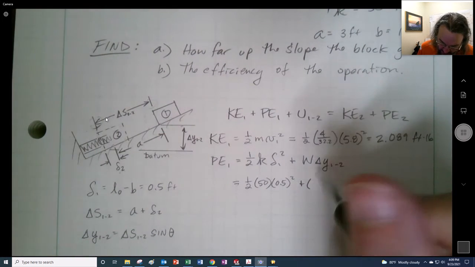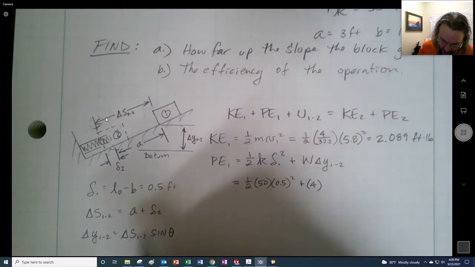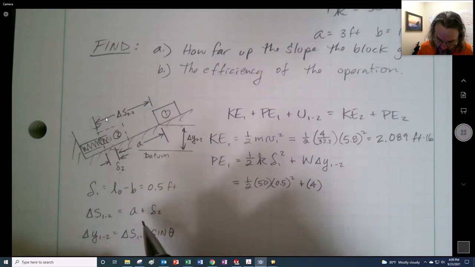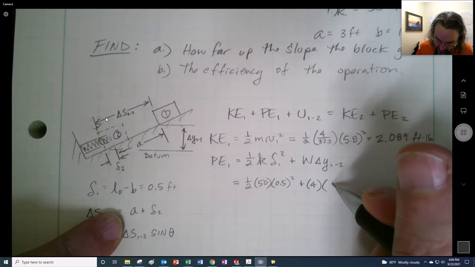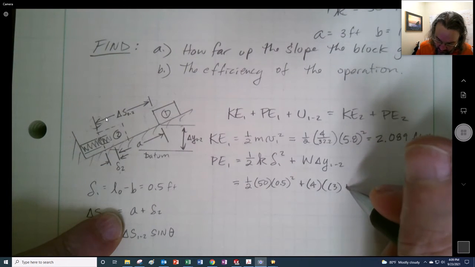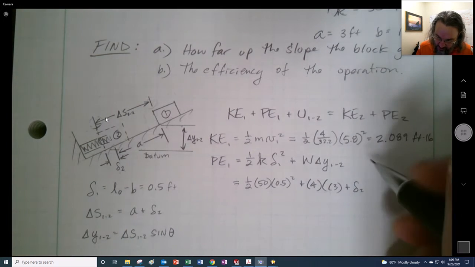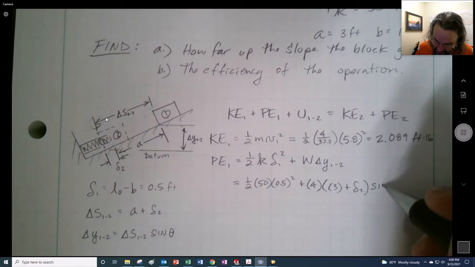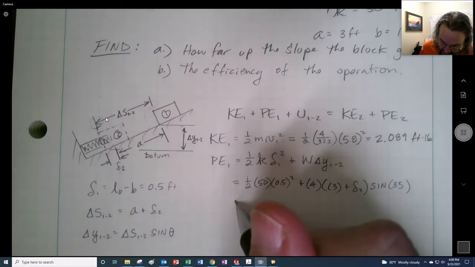Plus the weight of this thing, which is 4 pounds, and the delta y, which is going to be A, which is 3 feet, plus, I guess I'm going to put del 2 right in there, times the sine of 35 degrees. So I could get this.